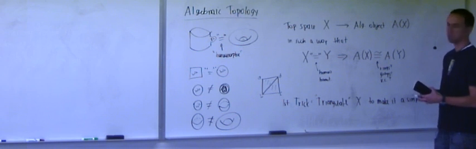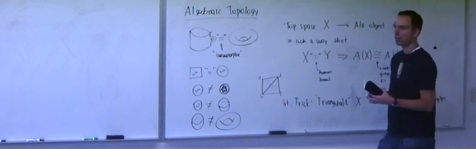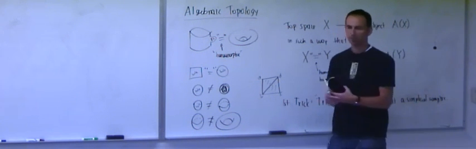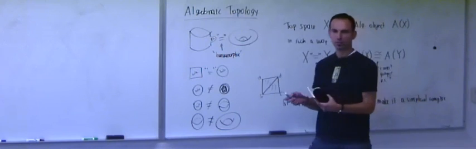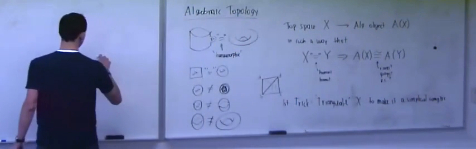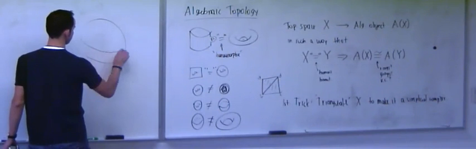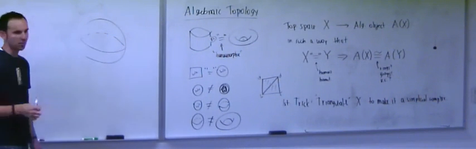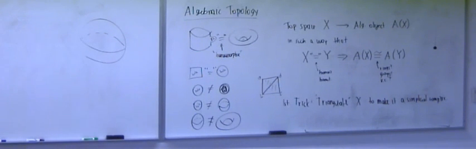For example, how do you triangulate a sphere? So a sphere is a two-dimensional sphere, but the inside is empty. How would you triangulate that guy? Let's say, what's the smallest triangulation of that guy? How many triangles do I need? 4? How do you do it with 4?